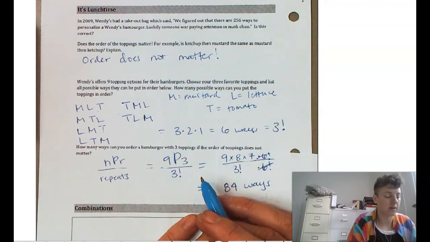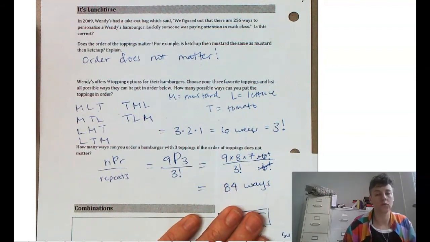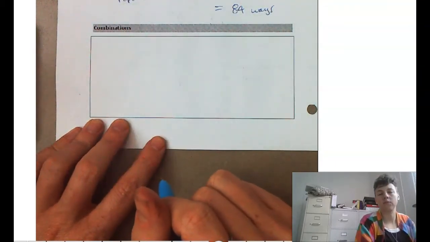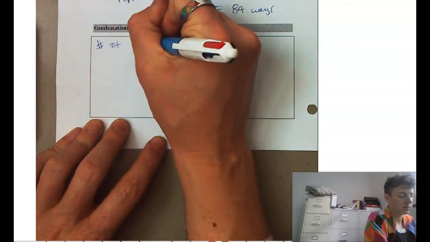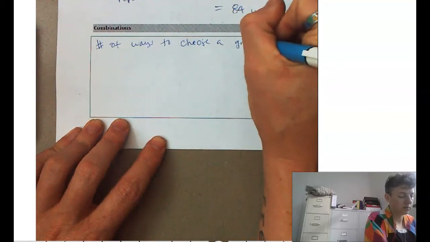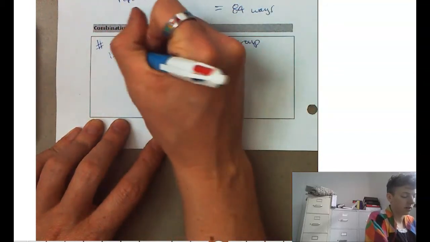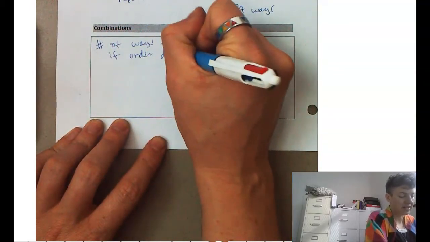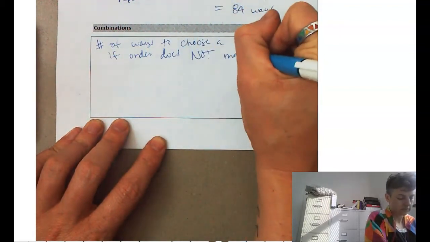Alright, that's a combination. So let's write out the rules for combinations. A combination is the number of ways you can choose a group if order does not matter.